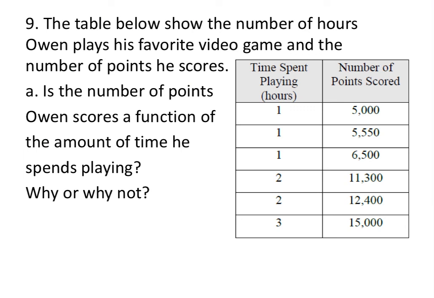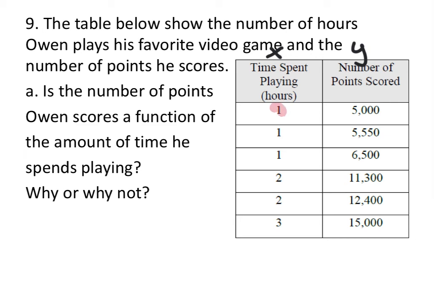All right, this table shows the number of hours Owen plays his favorite video game and the number of points he scores. Is the number of points Owen scores a function of the amount of time he spends playing? Why or why not? Okay, so to determine if this is a function, again, we're going to look at the x values. And for a vertical table like this, generally speaking, the x values are on the left and the y values are in the right column. So I say, okay, is there any x values that repeat?